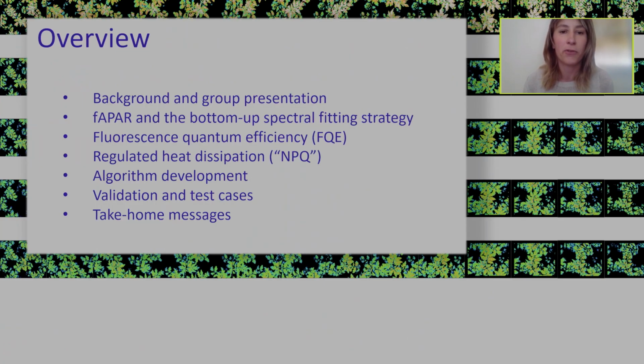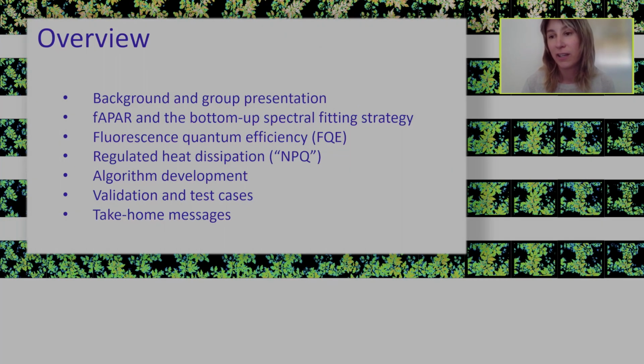In this talk, I will first give a background and an overview of who we are, and then move to the topic of our ERC project, which is the main project we are working on now. It is related to the refinement of the FAPAR product and improved spectral fitting strategies, and the products that will hopefully come out of that: the fluorescence quantum efficiency, and products involving the regulated heat dissipation.